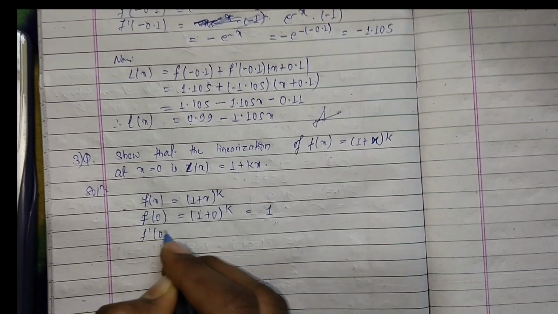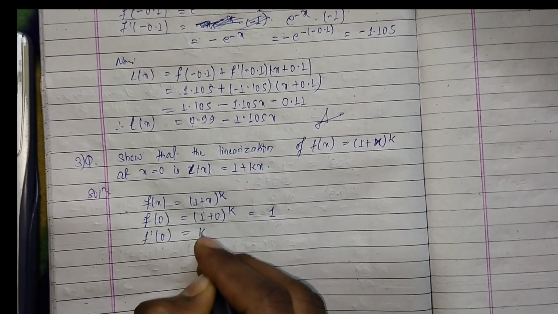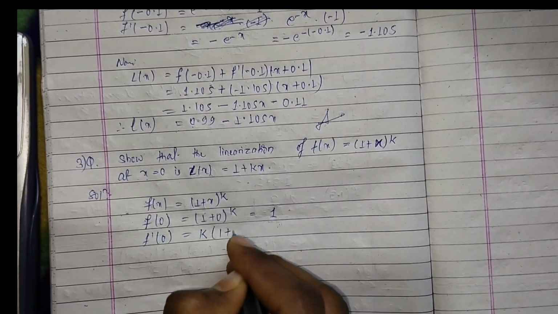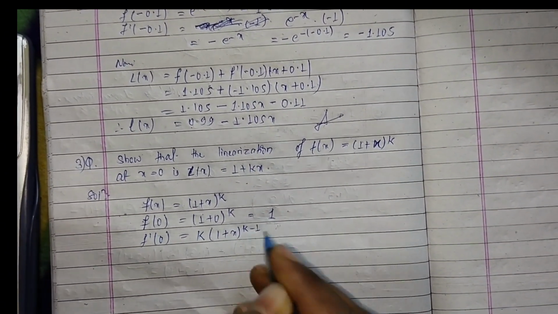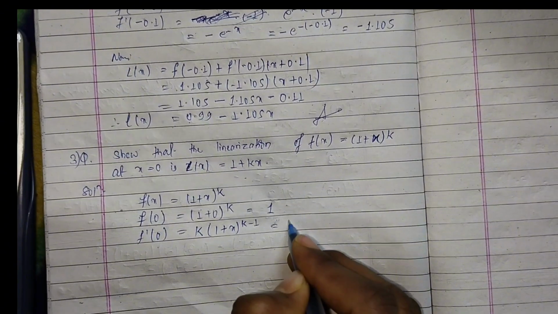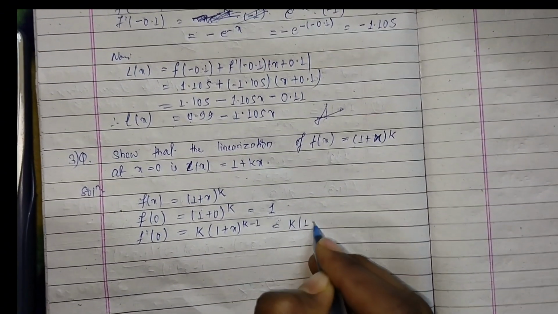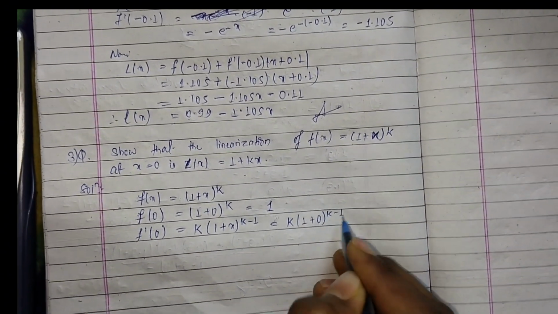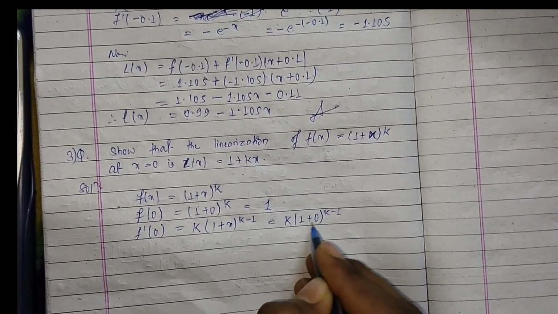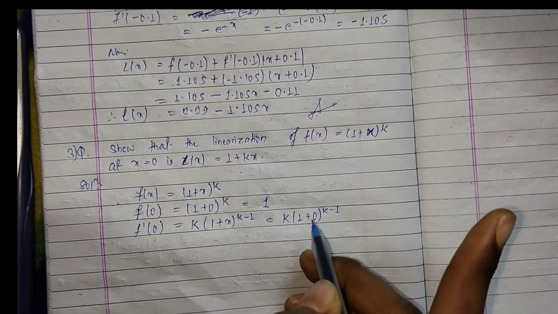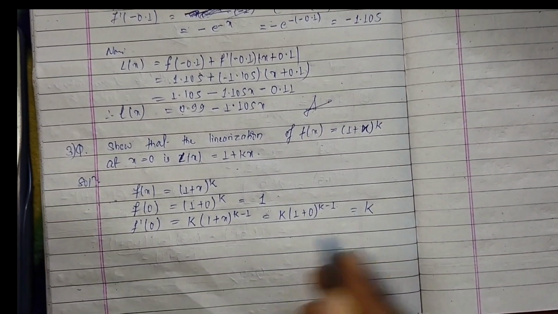The derivative of this we will get k times (1 plus x) to the power k minus 1, so we put the value k times (1 plus 0) to the power k minus 1, so it becomes 1 to the power k minus 1, literally 1, so we will get k.